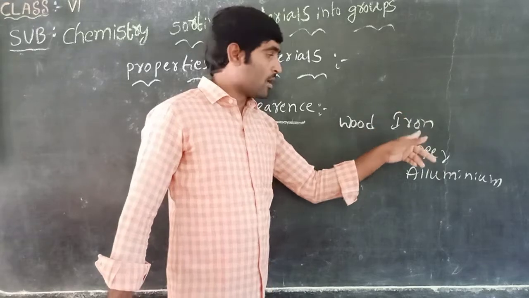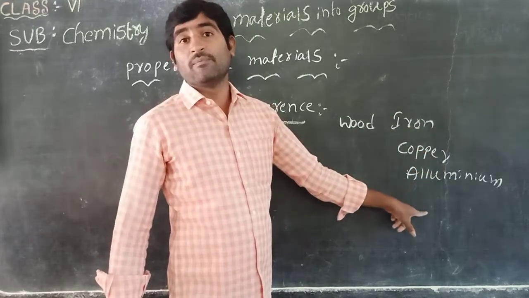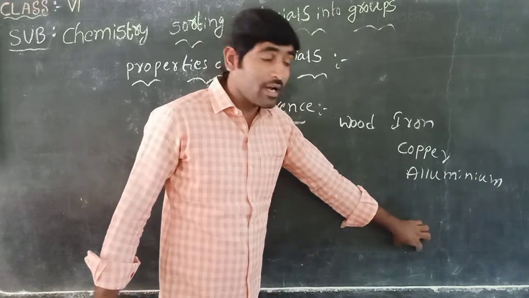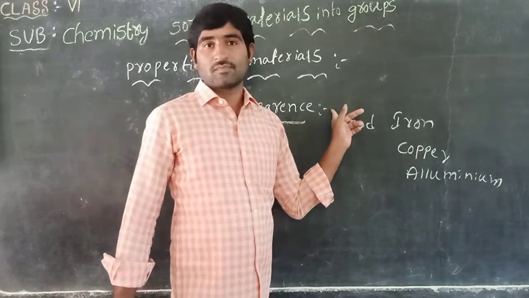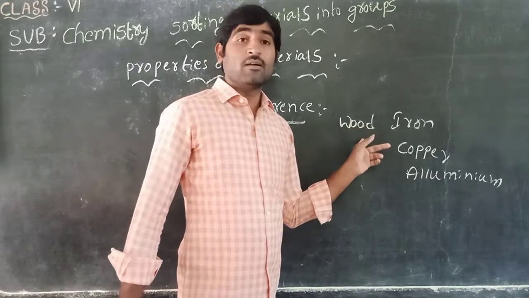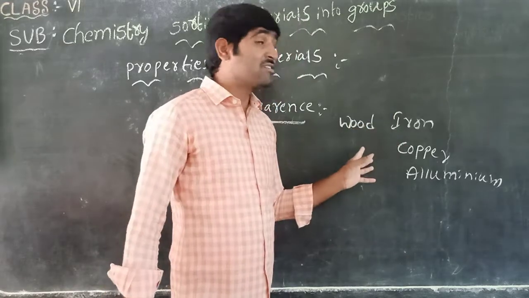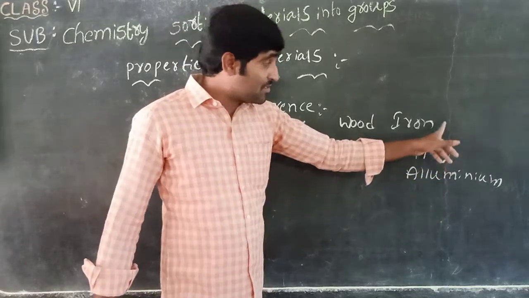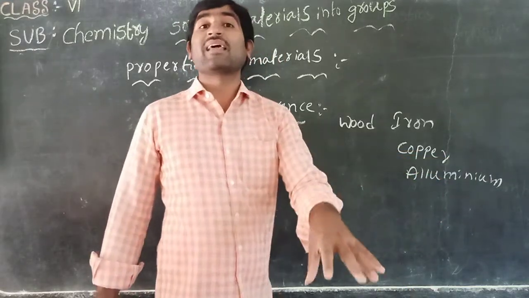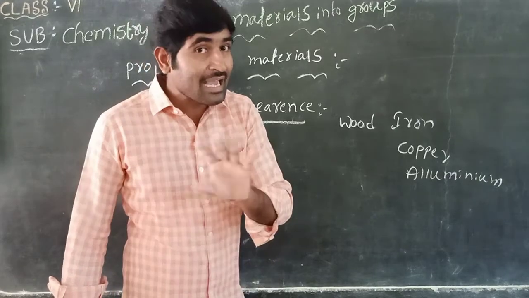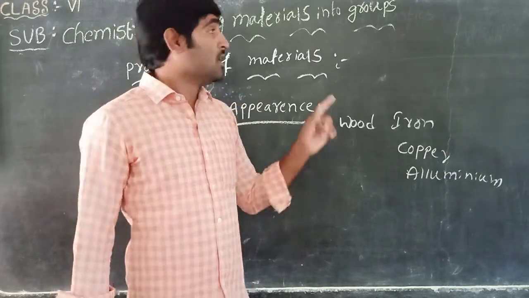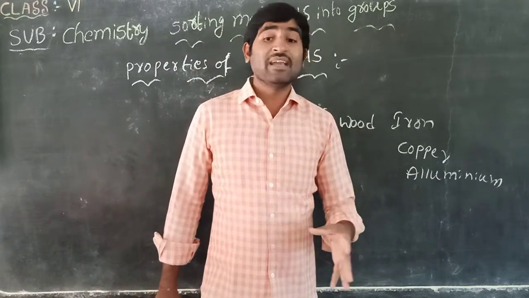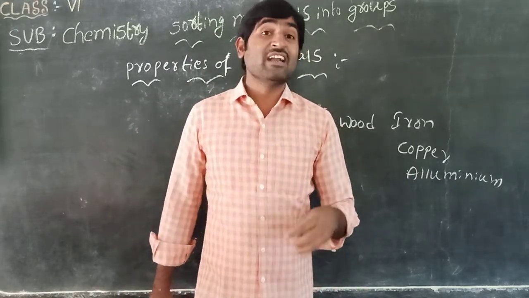But these similar properties are not shown by wood. Understood? Appearance is different, and the properties are also entirely different from iron, copper and aluminium. These three materials can show some similar properties, but not in appearance. So the first one is appearance. Different materials possess different properties and different appearance.